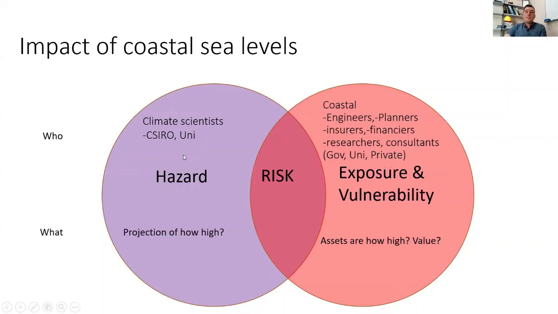On the hazard side of things, what we're looking at is projections of how high sea levels will get, from mean sea level to extreme sea level. On the exposure and vulnerability side, the information that is available is on the assets, how high the assets are and their value.